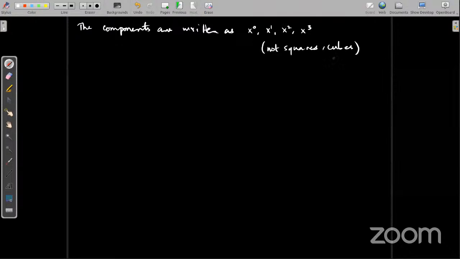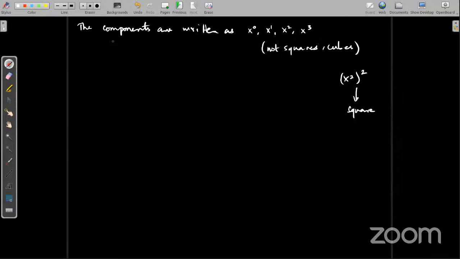They're not squared. If I was to square this, I would write it as x2 squared. That would mean a square. These are indices, yes, but if you find that to be quite a complicated word, you can just remember them as labels. Instead of A, B, C, D, we put them as x0, x1, x2, x3.